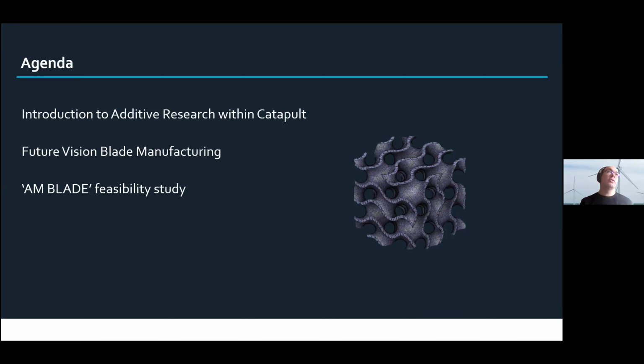Secondly, I'll give an overall future vision of where we see blade manufacturing go and how additive manufacturing has a role to play. And then finally, the body of the talk will be around what we've called Blade, which was a feasibility study. We looked at how we'd go about implementing additive manufacturing into blade structure.